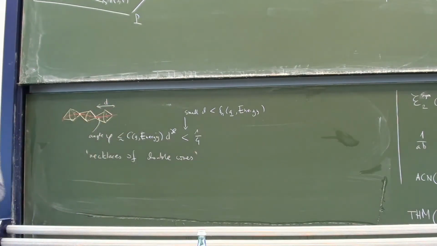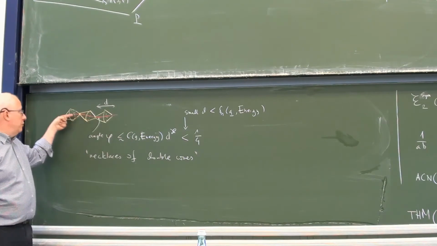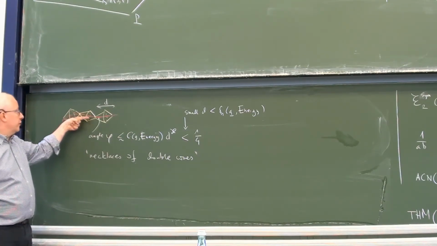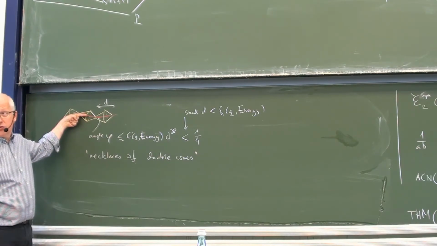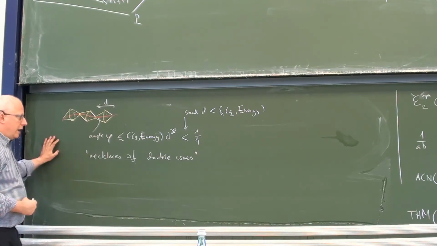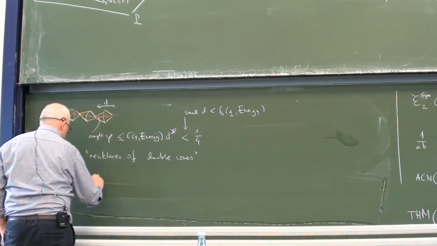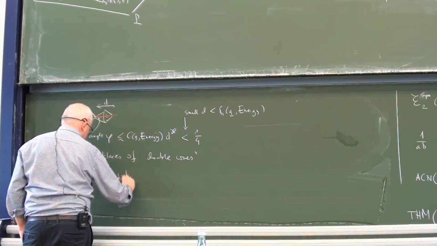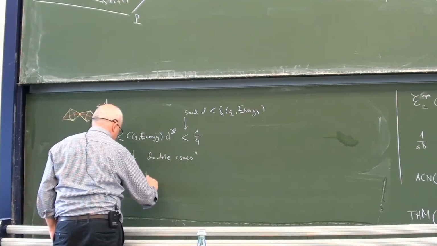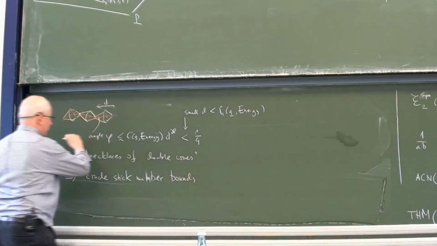And these necklaces are not perfectly elastic. They have a certain stiffness, because you have a tangent vector here, you have a differentiable curve, and so this next cone can bend a little, but the tangent vector here tells you how much it can bend, not too much. So it's really like a physical necklace with a certain stiffness. And you can use this to obtain crude stick number bounds, because you can construct a stick model.